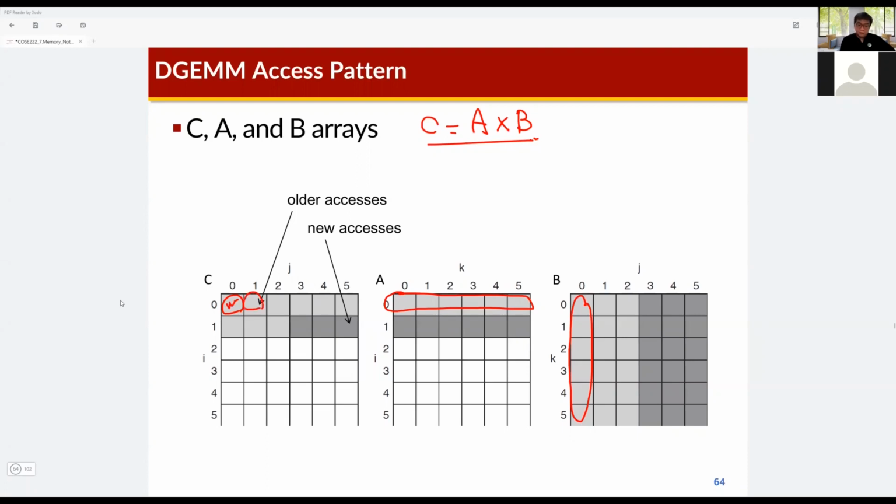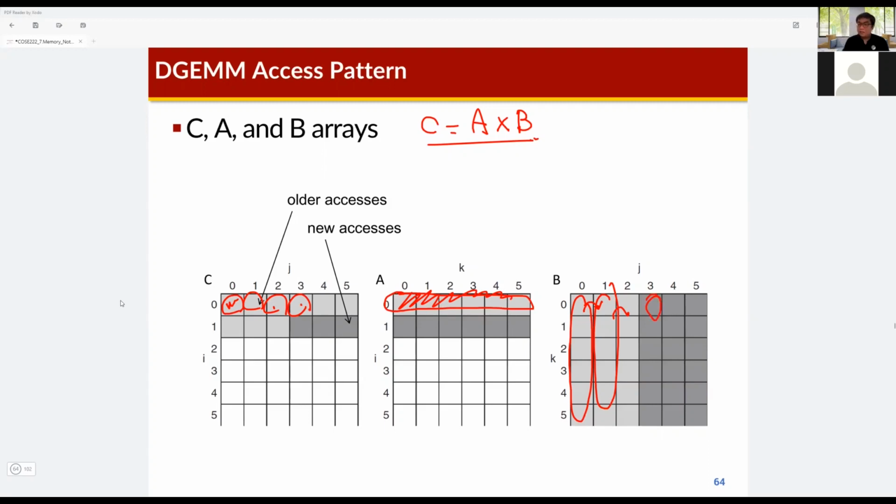Then how about this one? We need this entire row of matrix A, and the next column of matrix B. See, the next column. What's the problem?